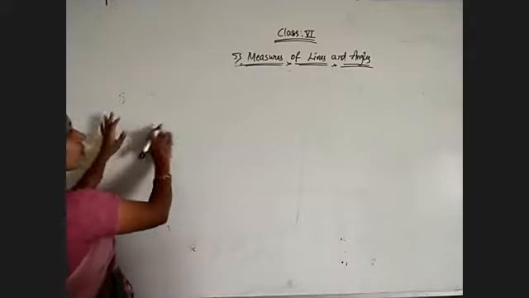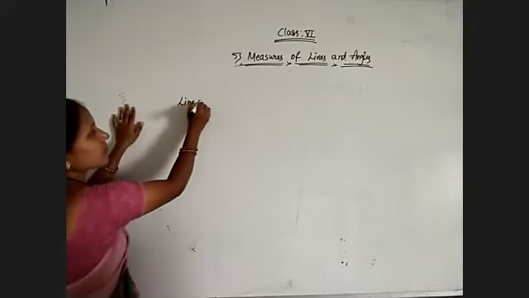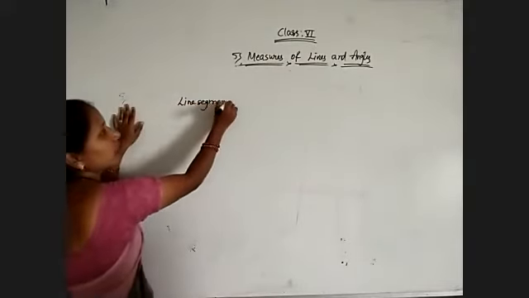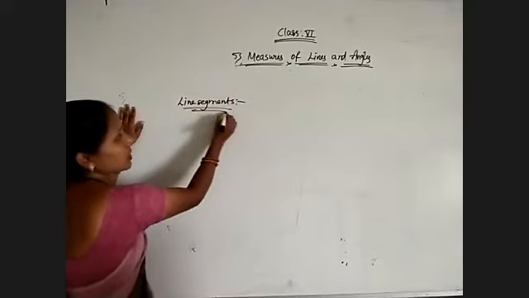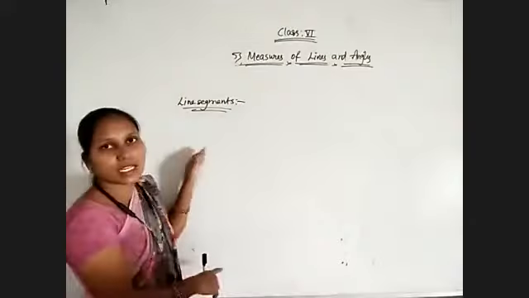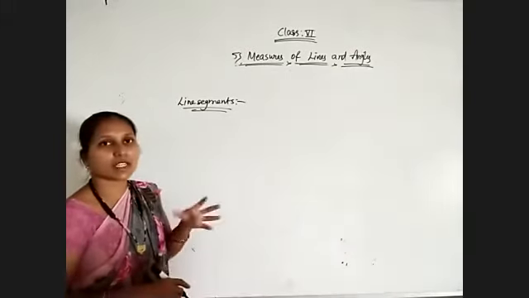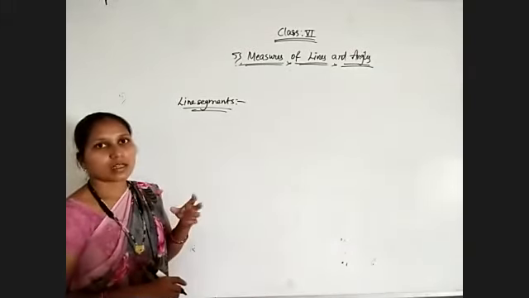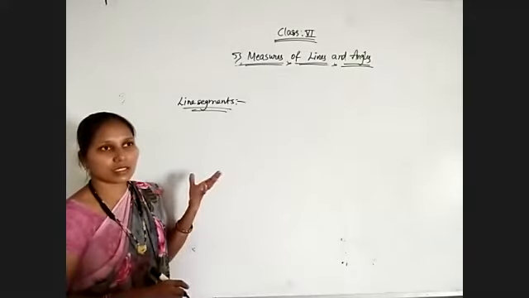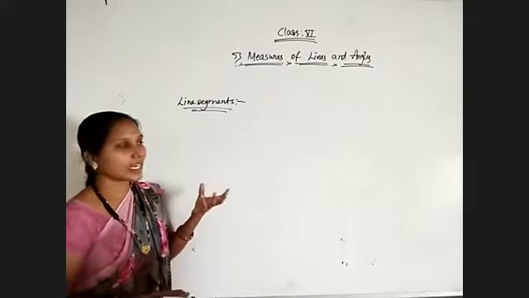Okay, first we have studied line segments. What are the different examples of line segments? Edge of the board, edge of the door, edge of the pen, edge of the book, edge of the table, edge of any item, edge of a rack, edge of a fridge.